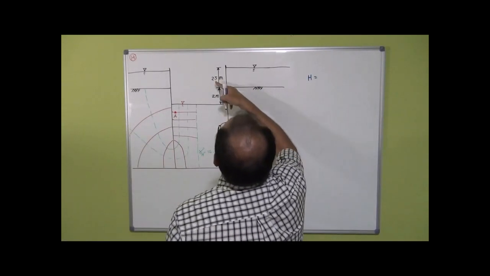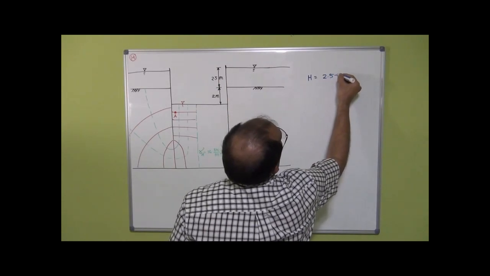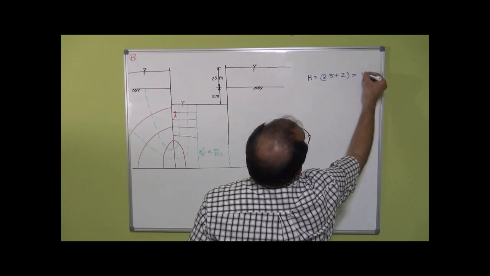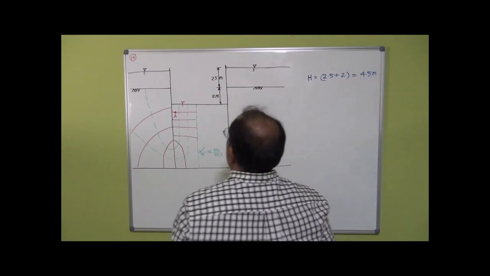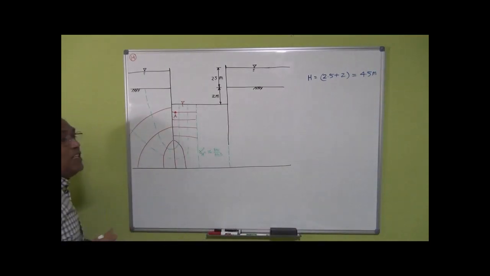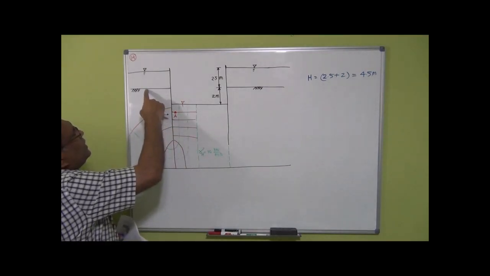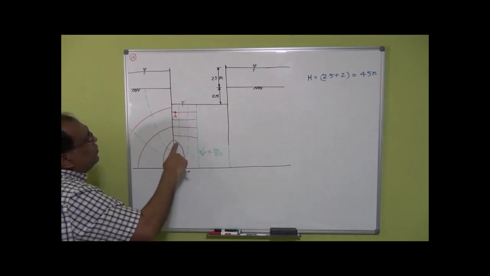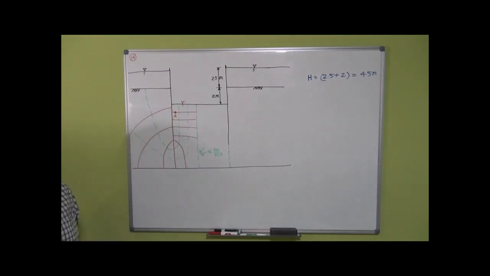That's 2.5 plus 2, 4.5 meter. Now we have to count how many equipotential drops we are expecting from this flow net. So if you count here, you can see first drop, second, third, fourth, fifth, sixth, seventh, eighth, ninth, 10. Total drop is 10.